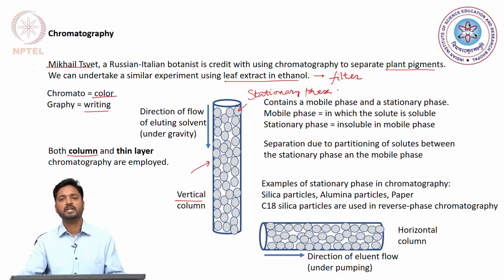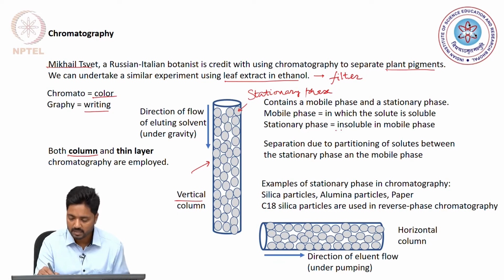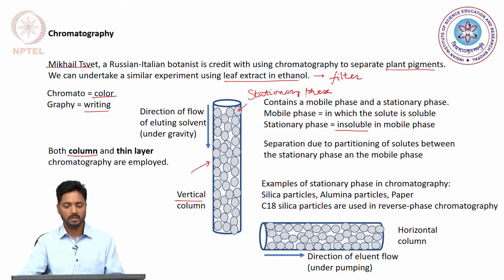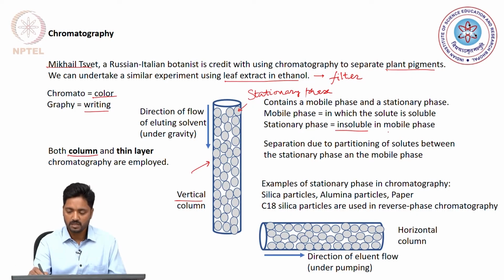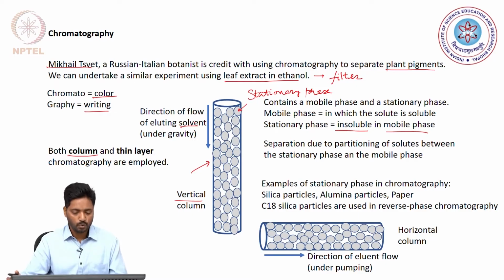These stationary phase materials are insoluble in a phase which is moving, which is known as the mobile phase. So, for example, we can use an organic solvent to elute out or to move out our solute or analyte of interest from this column.